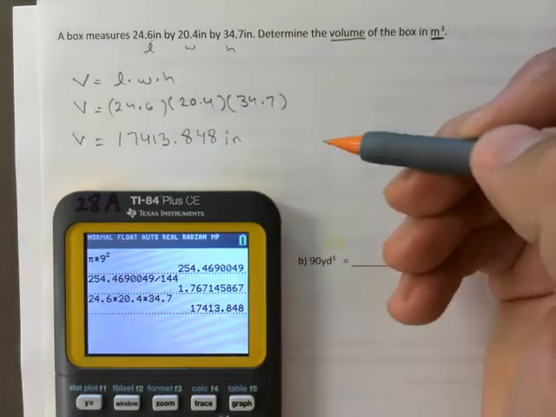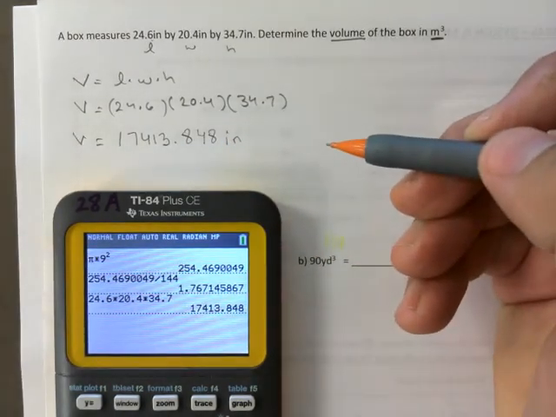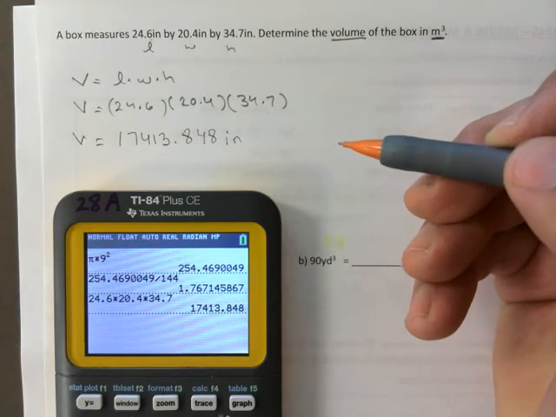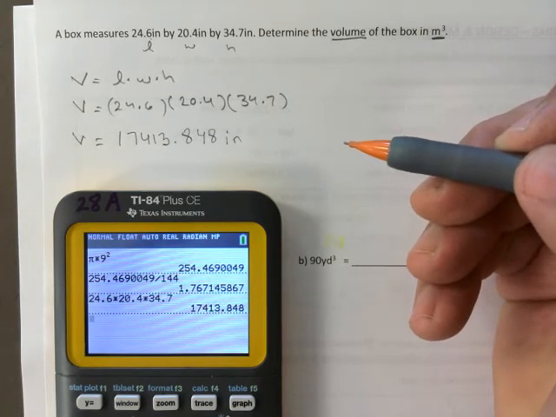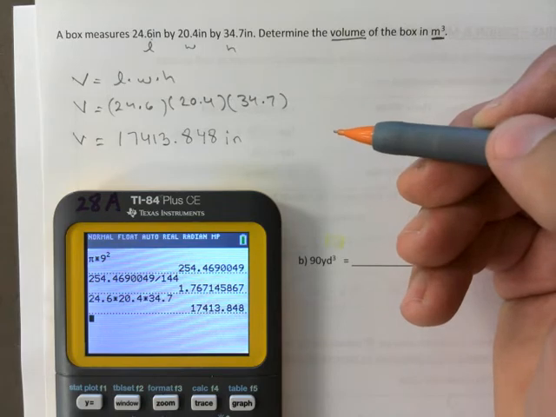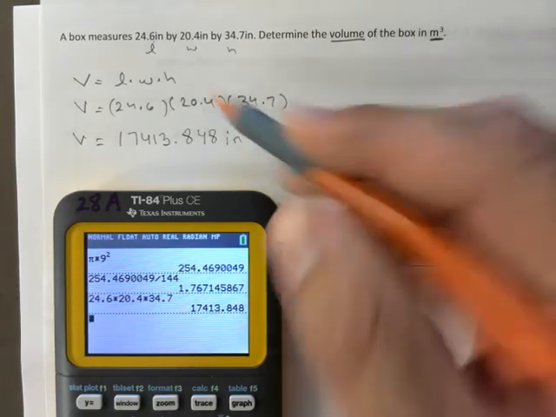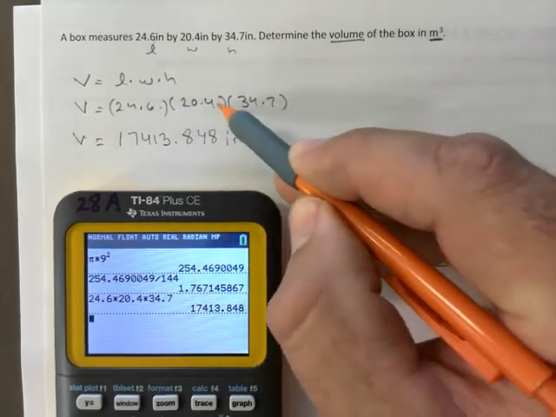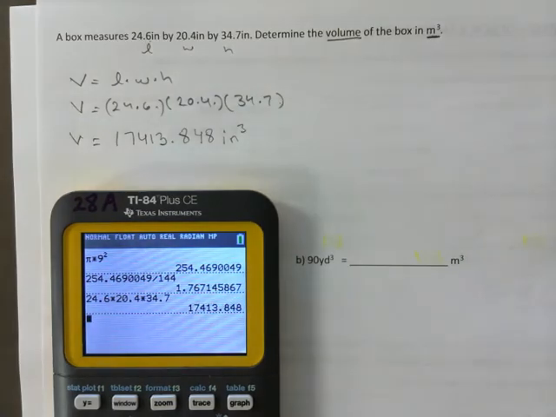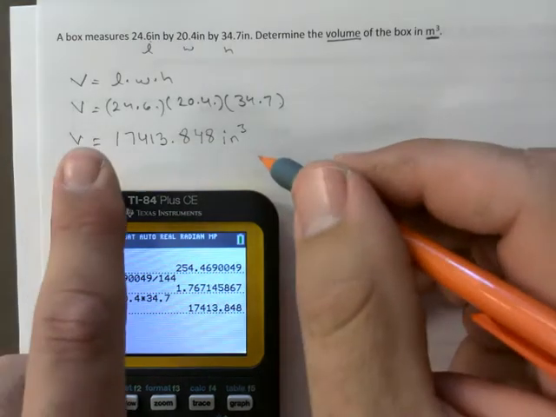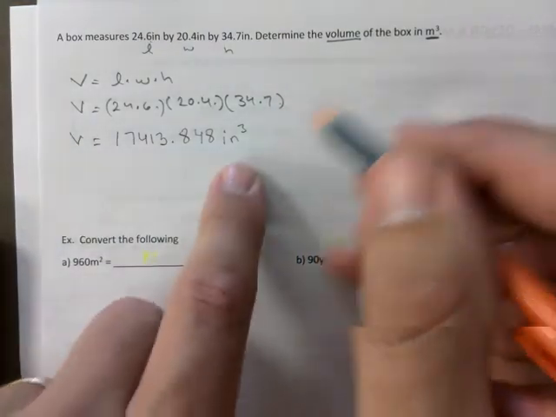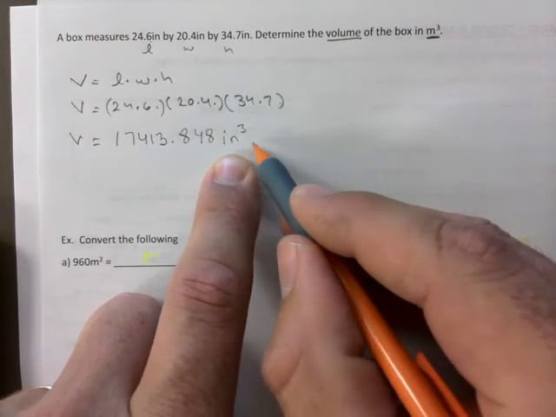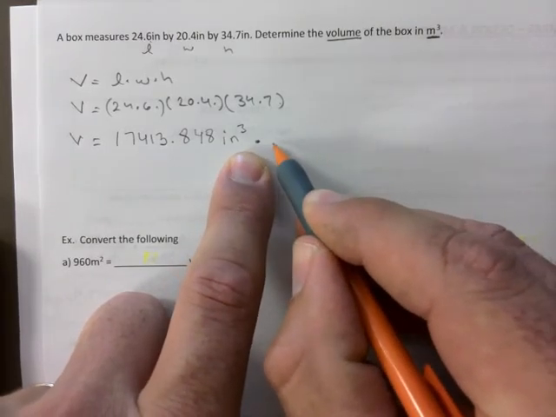What units am I in? Volume, yeah, but inches cubed. So I should have actually put in inches here, inches there, because you're always multiplying the units, whether you think of it or not. So we're in inches cubed. That's not where we want to be. We want to be in cubic meters, so I'm going to go ahead and do that. How would I do that, though?